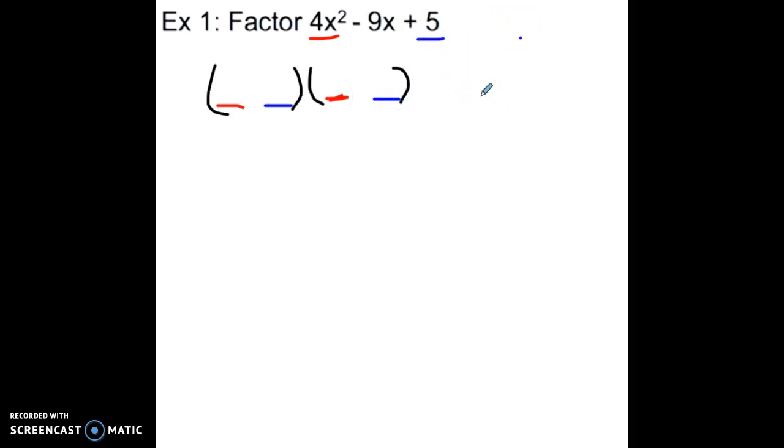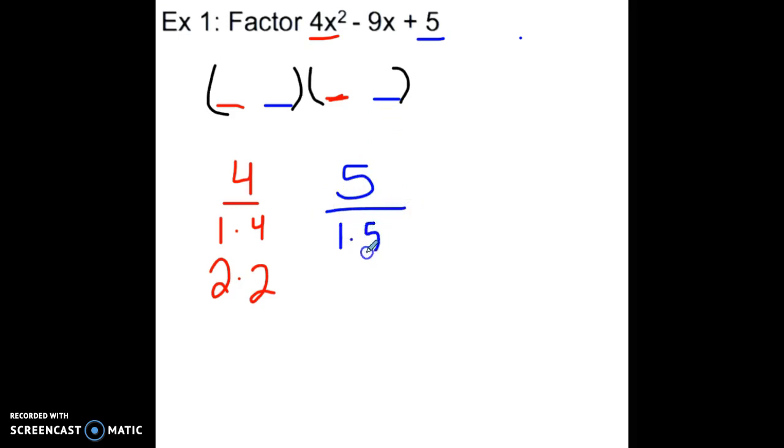So the first thing we need to do is start out by listing the factors. So factors of 4 for this 4x squared, we can have 1 times 4, and we can have 2 times 2. For 5, things that multiply for 5, that's going to be 1 times 5, or negative 1 times negative 5.